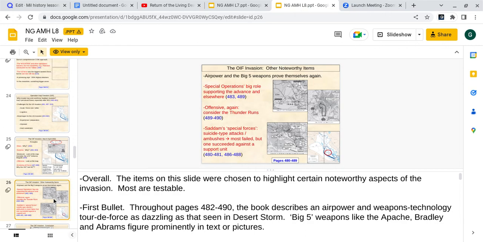They would still do suicide attacks, and one time it was successful. So understand that even though we had the upper hand here on the battlefield, it didn't stop Saddam's forces. They still attempted suicide attacks against the United States forces, and at one point in time, one of these suicide attacks was successful.